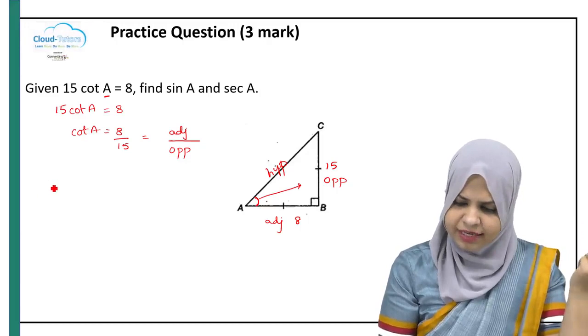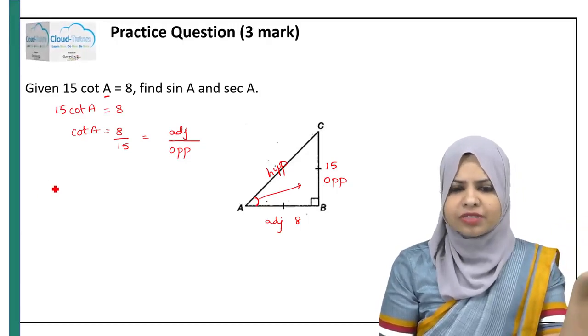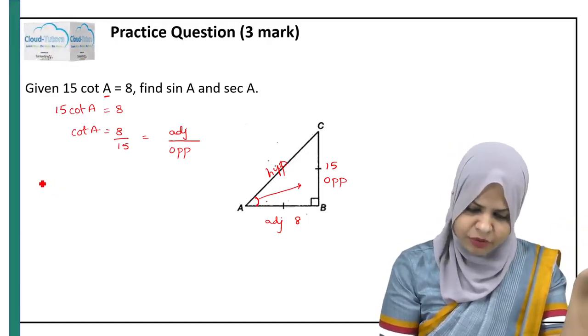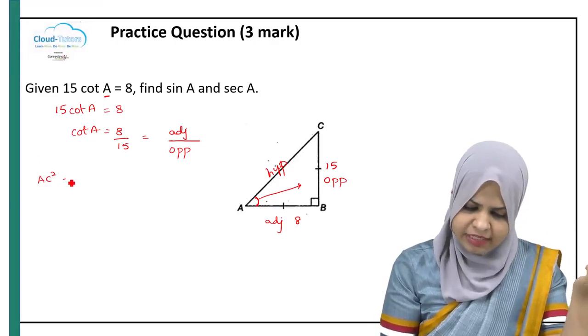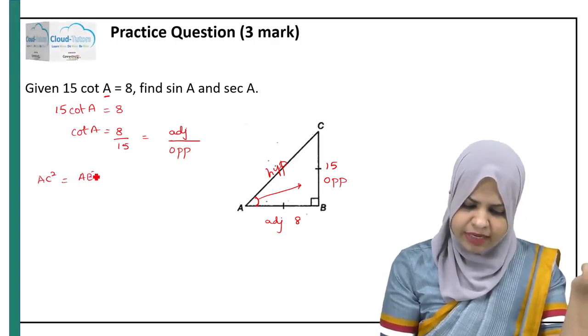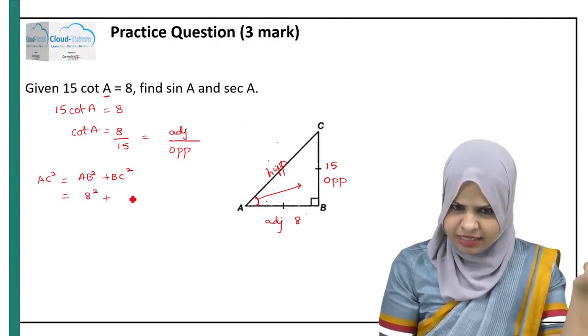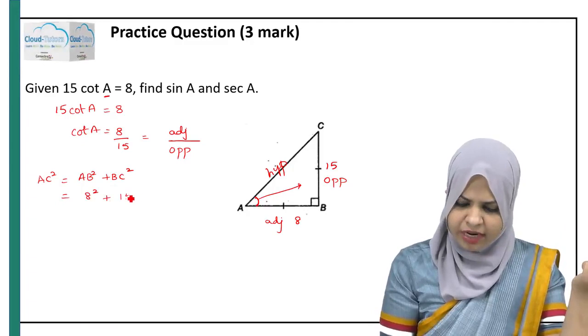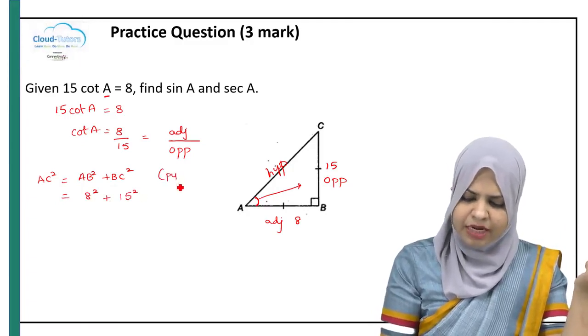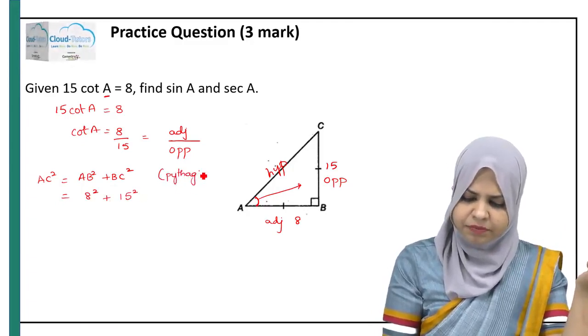Now I want to find the hypotenuse, right? So how will I get the hypotenuse? Here AC square is equal to AB square plus BC square. So AB is 8 square and BC is 15 square. How did I get this? This is Pythagoras theorem.